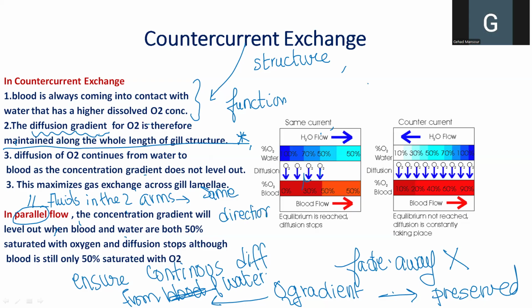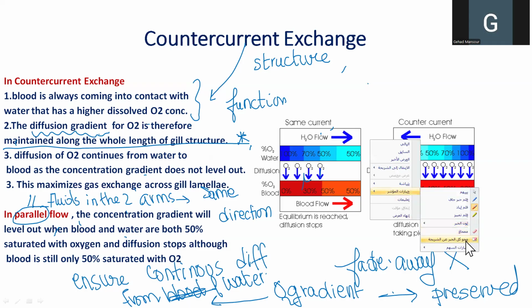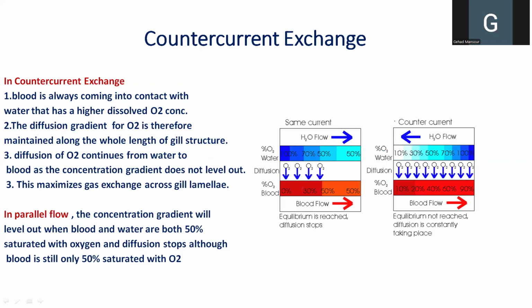So what happens is that leveling out of the concentration gradient occurs very rapidly. The fish blood will be saturated with oxygen rapidly. Equalization of concentration between blood and water will occur rapidly, and the process will stop once equalization occurs. So here, when it is the same current, we start by water having 100% and blood having 0%.